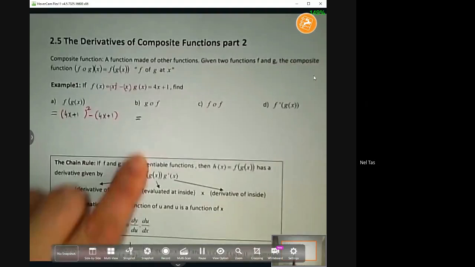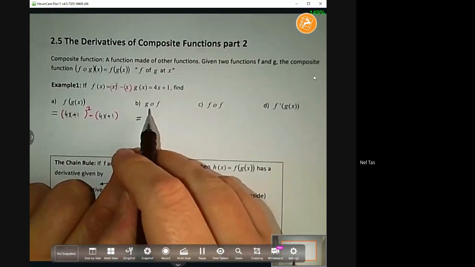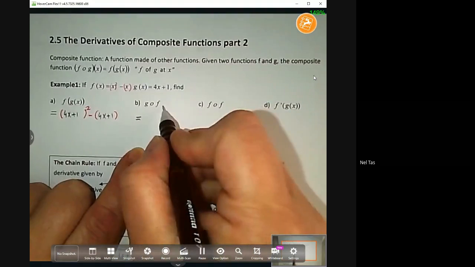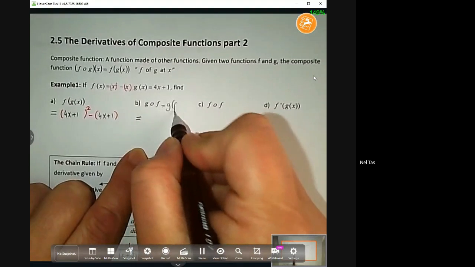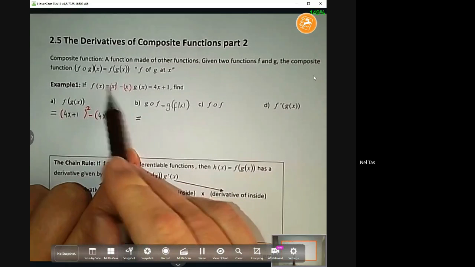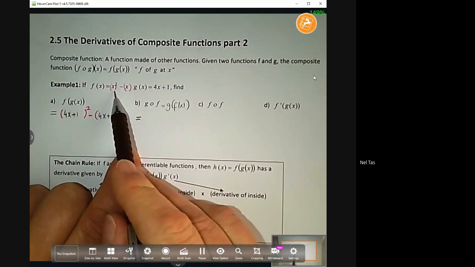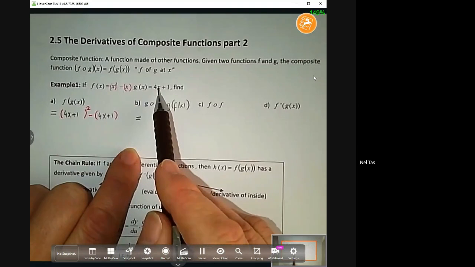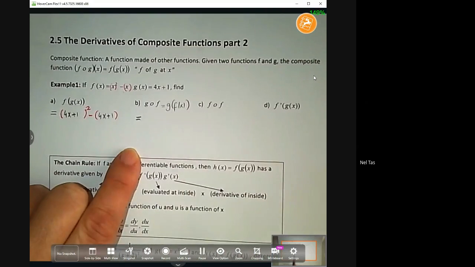So next one, g of f. This means we are doing g of f of x. This time we are going to take the f function, which is x squared minus x, and replace x in the g function by that.